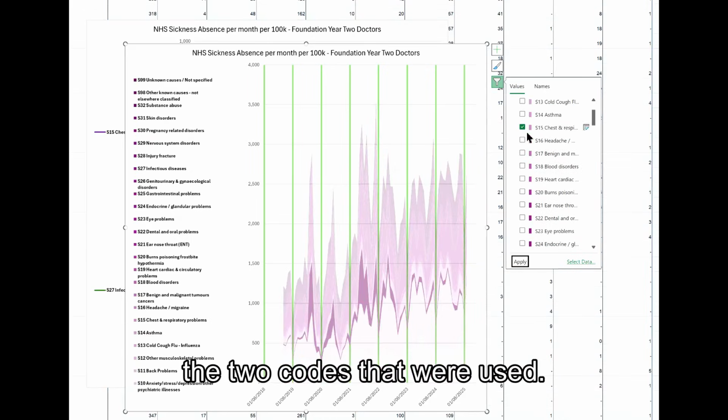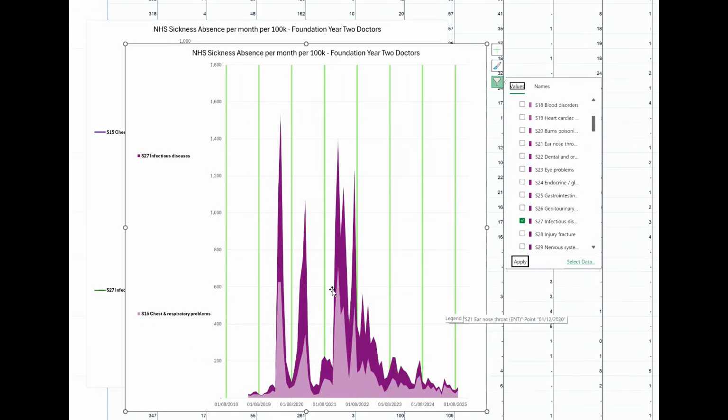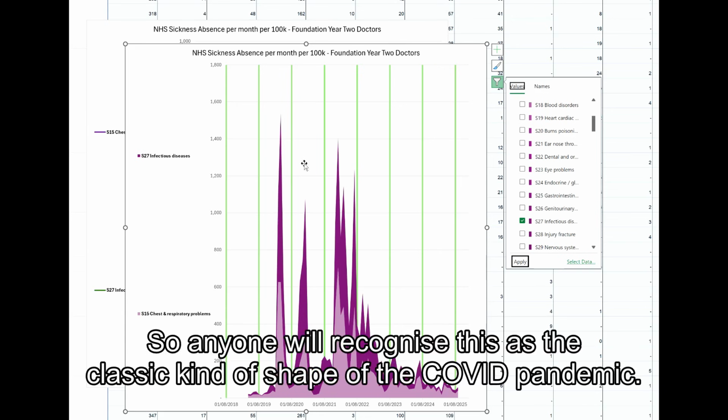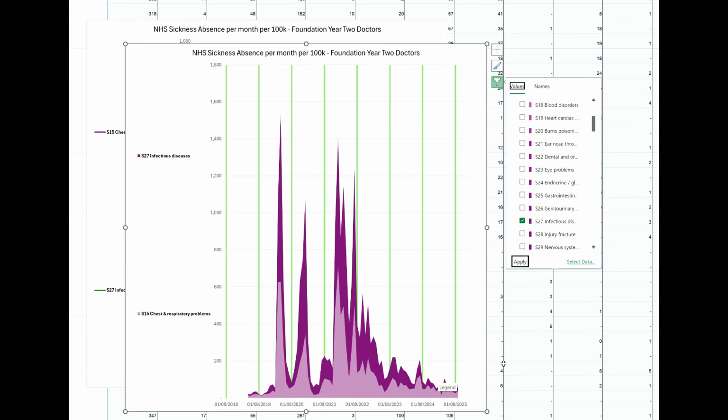If I just highlight those 2, anyone will recognize this as the classic shape of the COVID pandemic. You've got the big spikes early on, and then a tapering off.